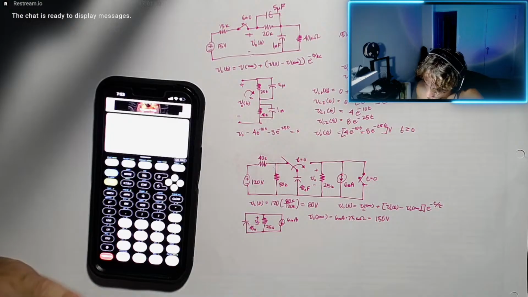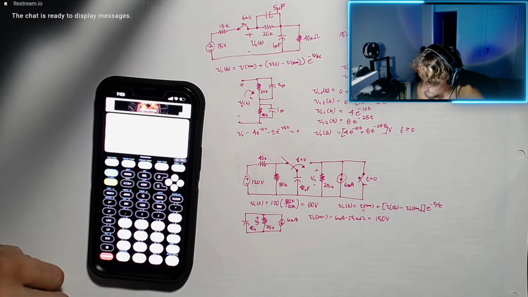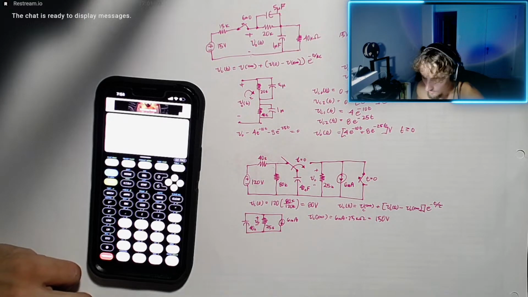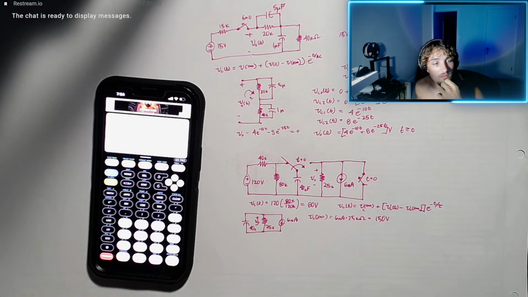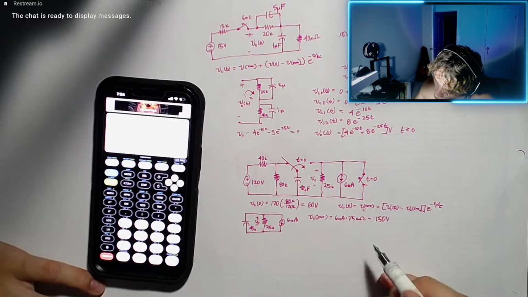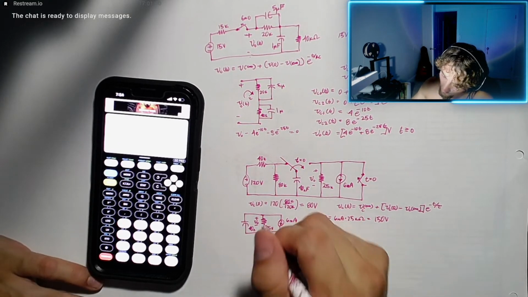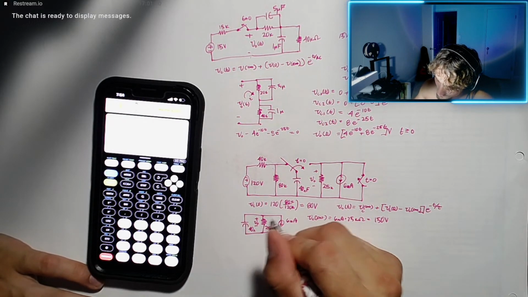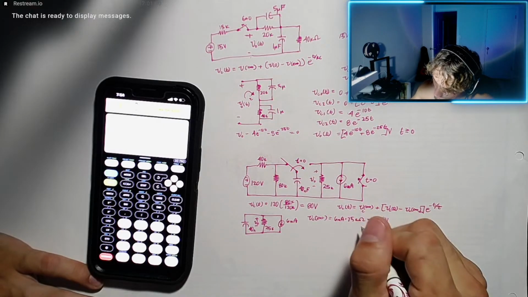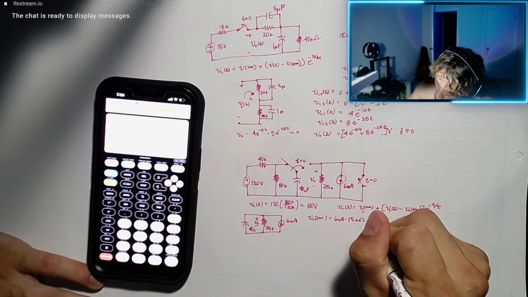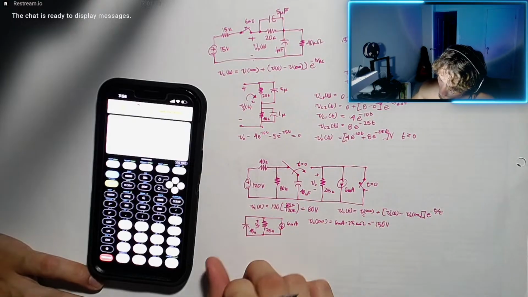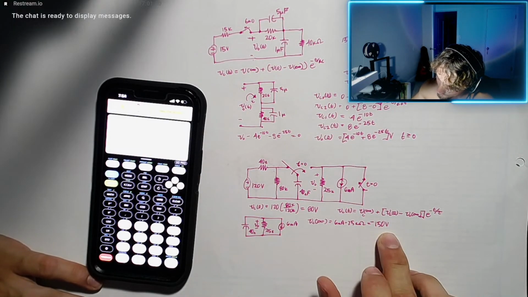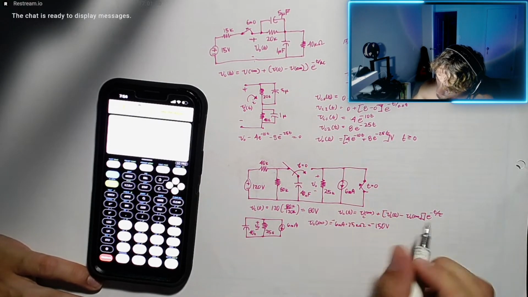Would that be an open circuit? Let's just make sure. 150, but it will be opposite. If the current is going in this direction, it will indeed be opposite. Vc of infinity equals negative 150 volts. It's going to develop in the opposite direction.